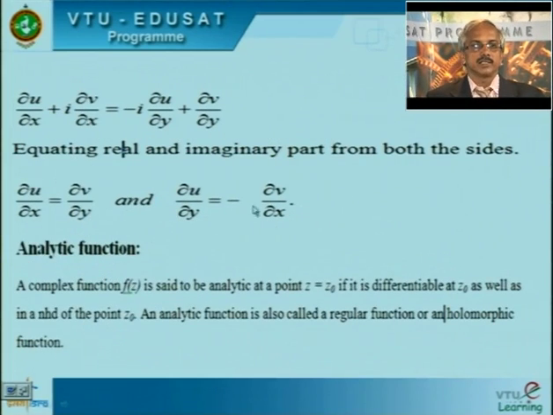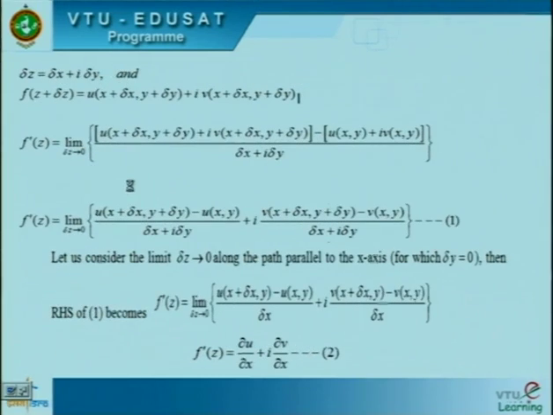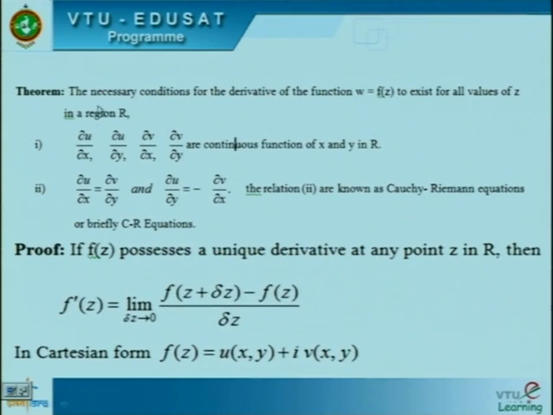Equating real and imaginary parts, we get this, and this is the necessary condition for the existence of the derivative. For the derivative of the function w to exist, these conditions should be satisfied.